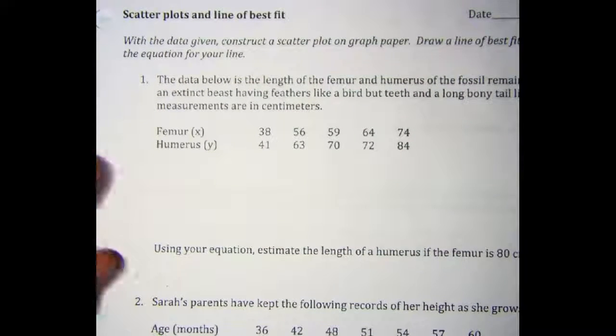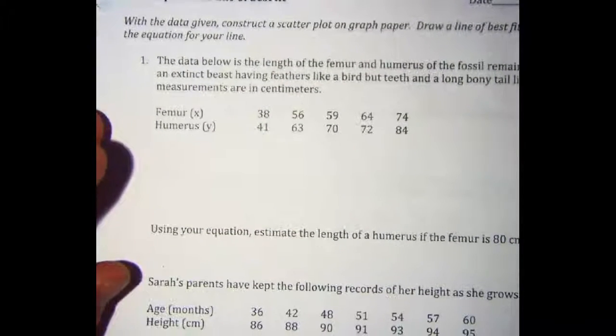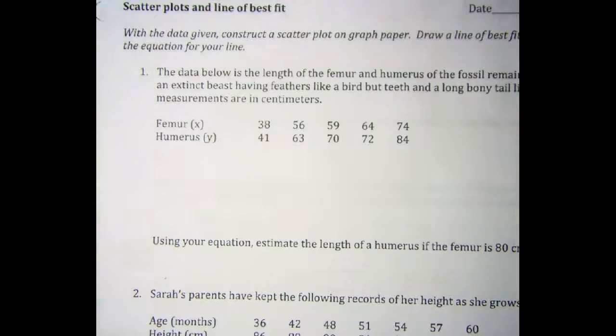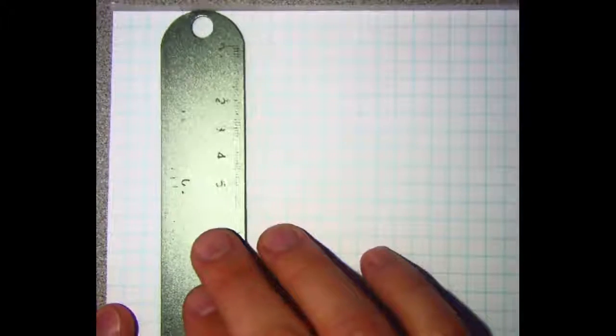I'm going to graph this all the way up to 18 or 20 squares. So it's going to be kind of a big graph. But you have to know that ahead of time so you don't draw your whole graph and then realize, oh, I ran out of room, erase the whole thing, and start all over, just because you didn't draw your graph large enough from the beginning. So I'm going to graph with it being 20 squares.